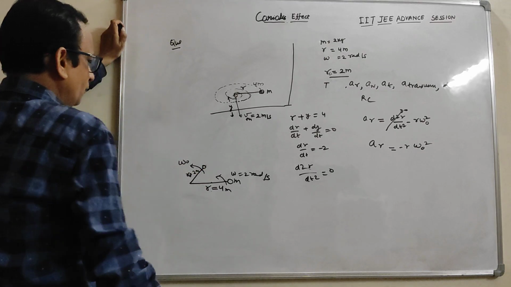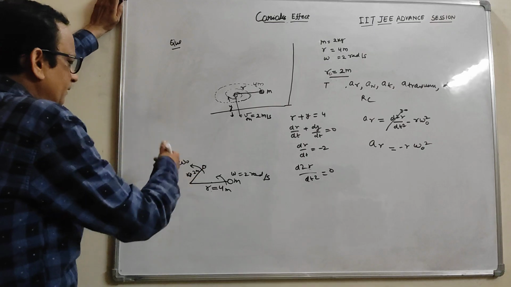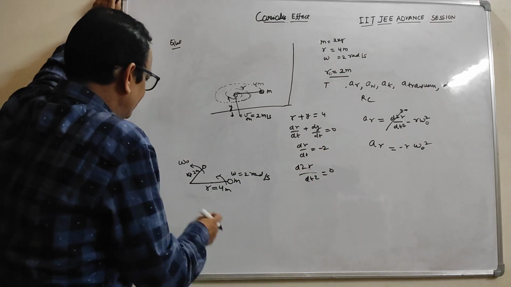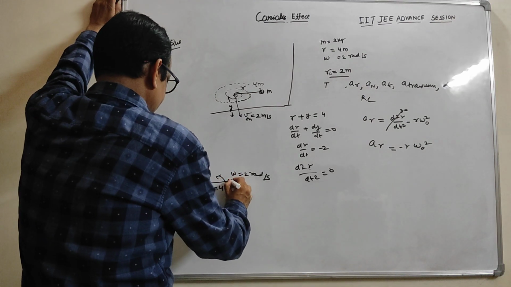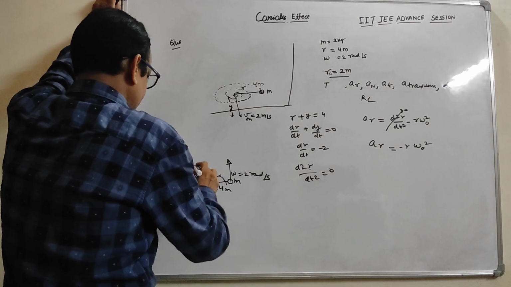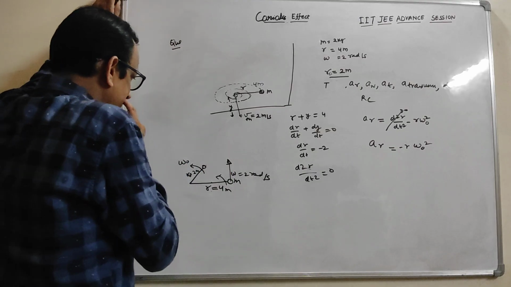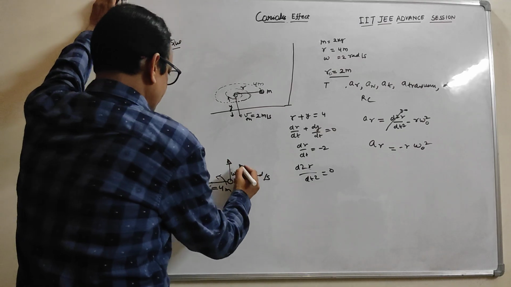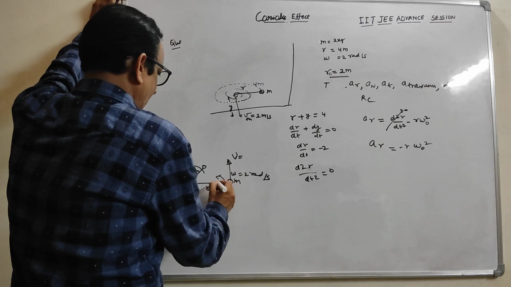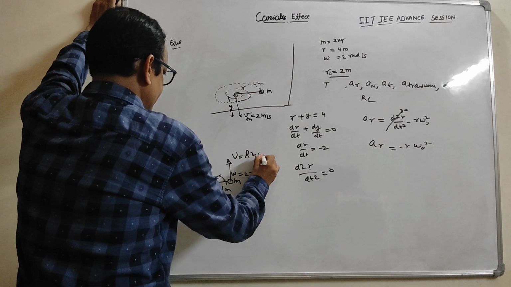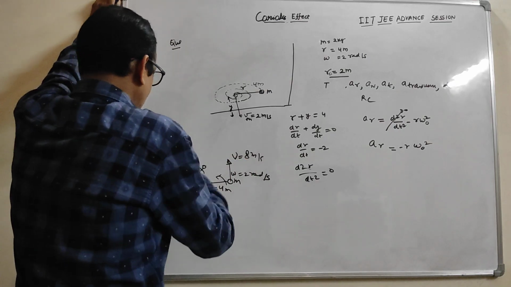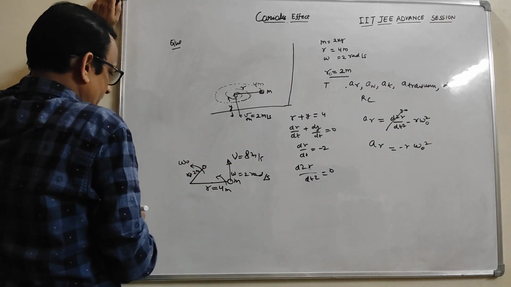This is r naught; r1, omega 1, whatever you want to consider. Here the perpendicular velocity component is r into omega, which should be 8 meter per second, and here we don't have the omega.